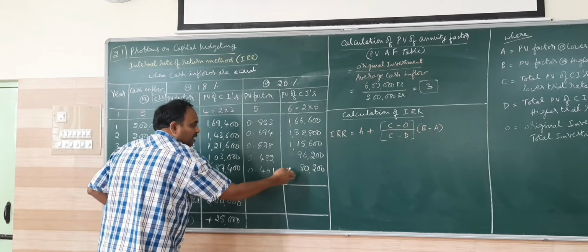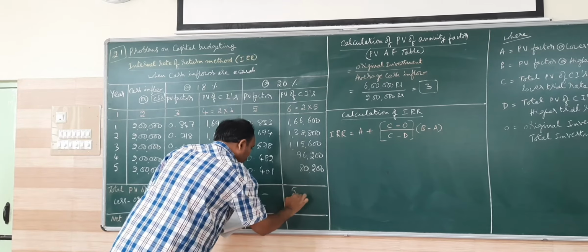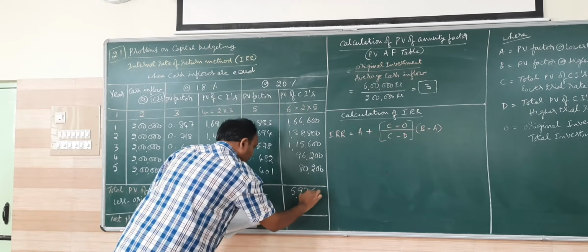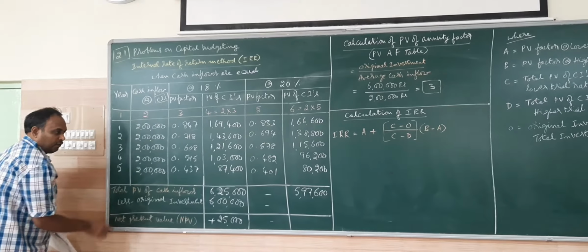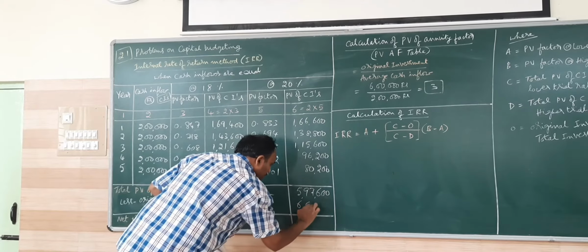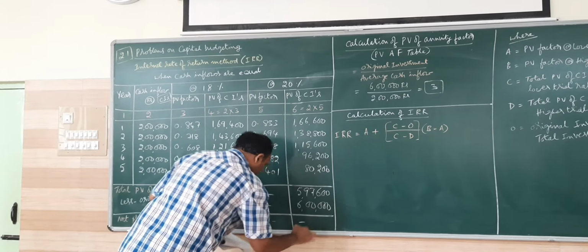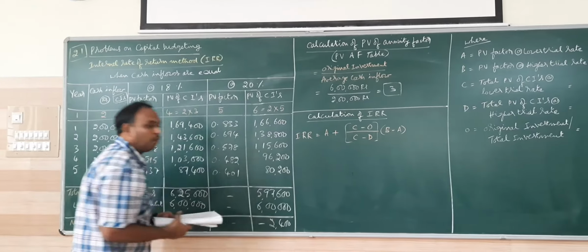I have done it for all the 5 years. I'll add now: 5,97,600. So that's the total PV of inflow less virtual investment, the same 6 lakhs. So you're going to find minus here, minus 2,400.